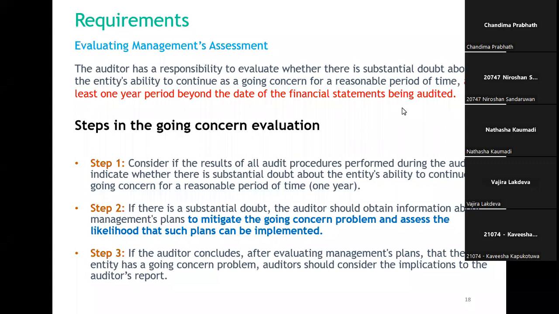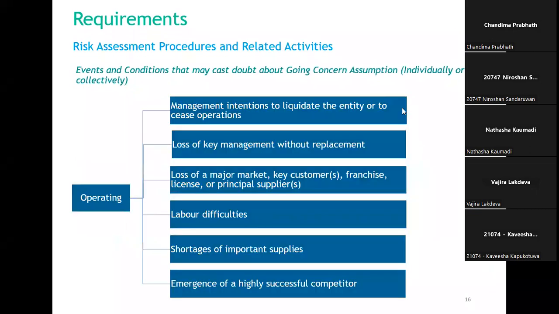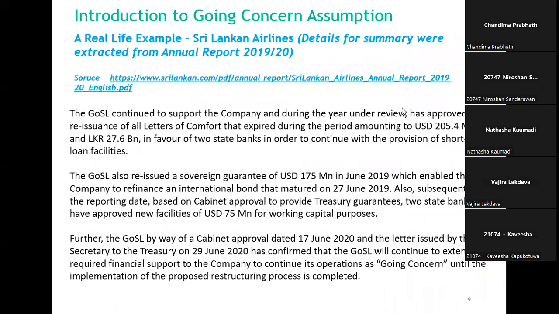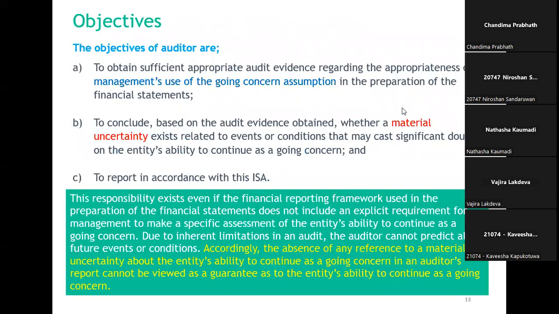So, what are the management plans to mitigate the going concern problem if you go to Sri Lankan Airlines? So, these are the mitigating actions. They are saying that, okay, we have a problem, events or conditions, but we have a going concern assessment with mitigating actions, and we believe that the use of the going concern assumption is appropriate, right?